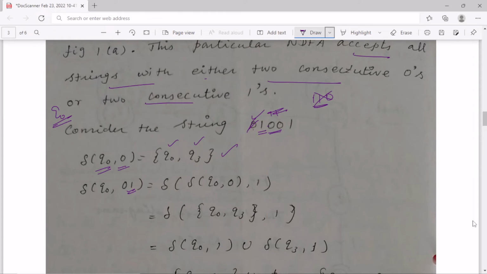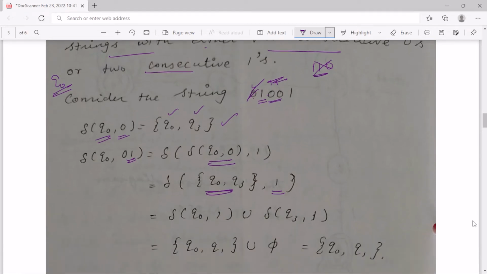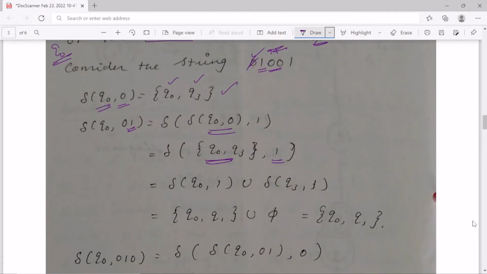While reading 0, we have 2 possible states, Q0 and Q3. Now let me check what happens if we read 1. Since we are in 2 different states, you have to write the union of these 2 states using the transition function: delta of Q0 comma 1 union delta of Q3 comma 1.